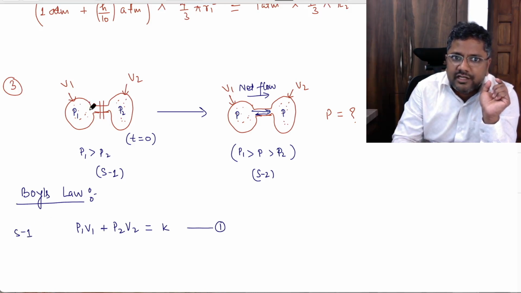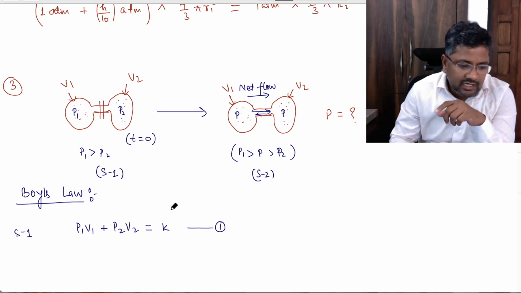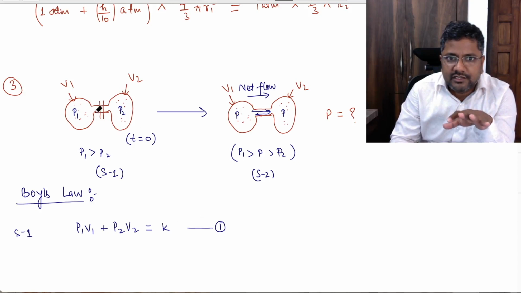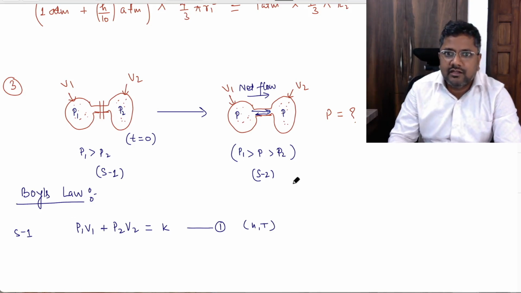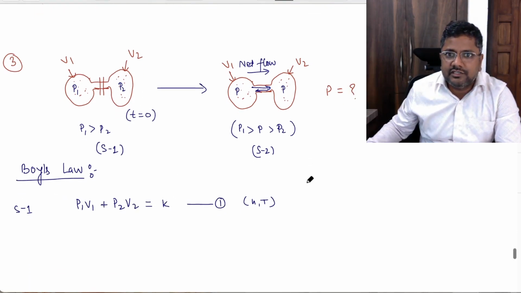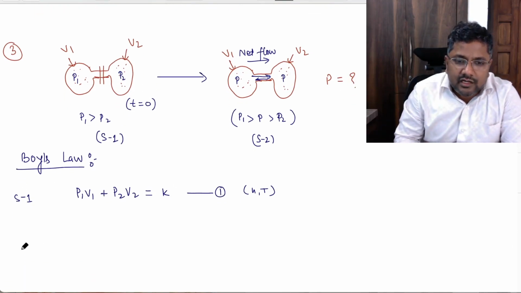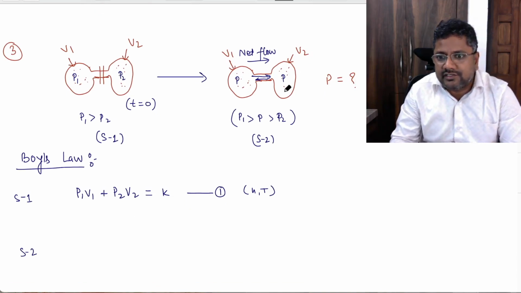N is constant here, and T is constant for the whole system. So N and T are constant. This is state 1. Now this is state 2, where your whole system is a single system.